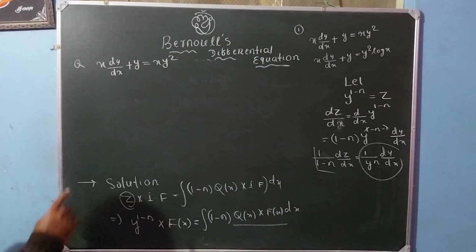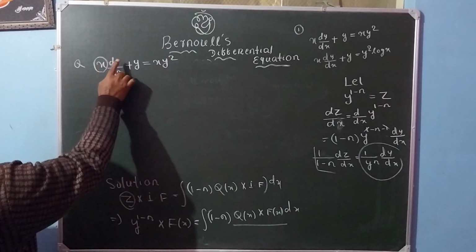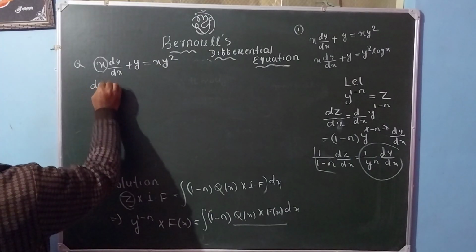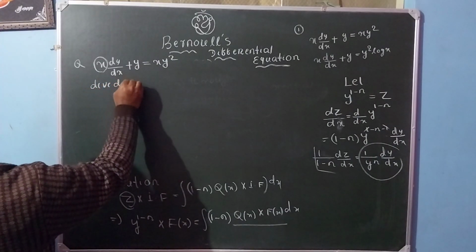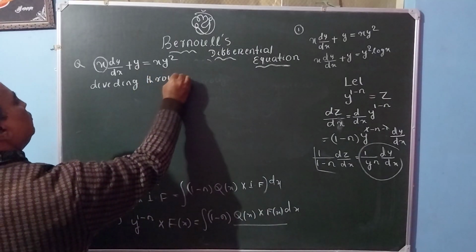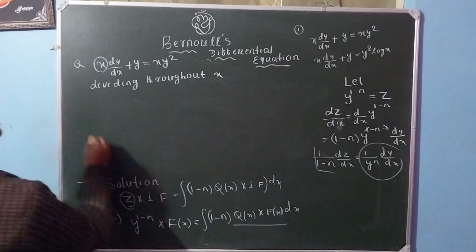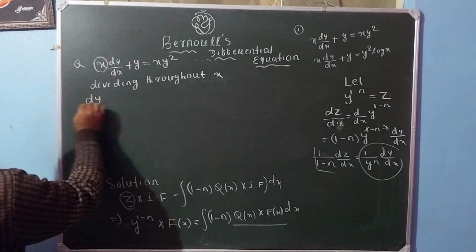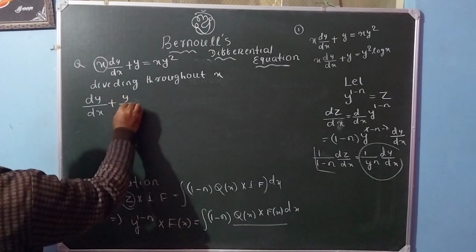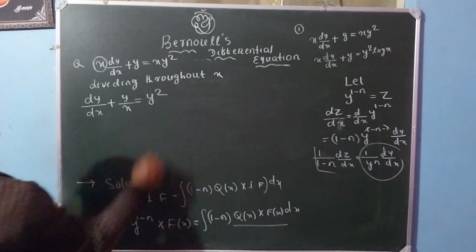First of all, we have to divide by x throughout, because the coefficient of dy/dx must be equal to 1. Dividing throughout by x, dy/dx plus y by x is equal to y square.